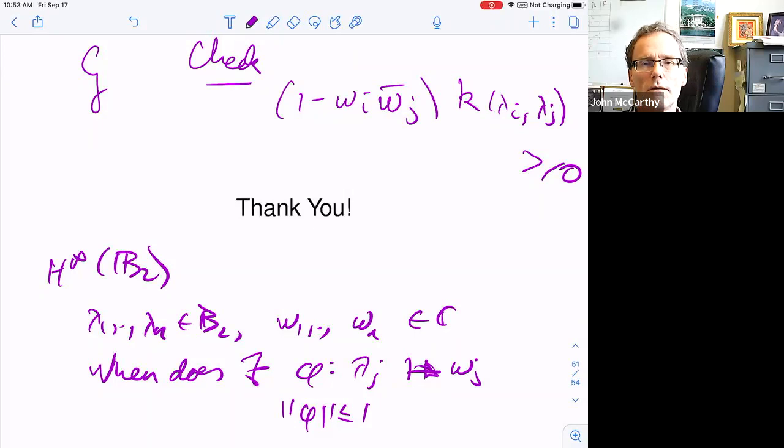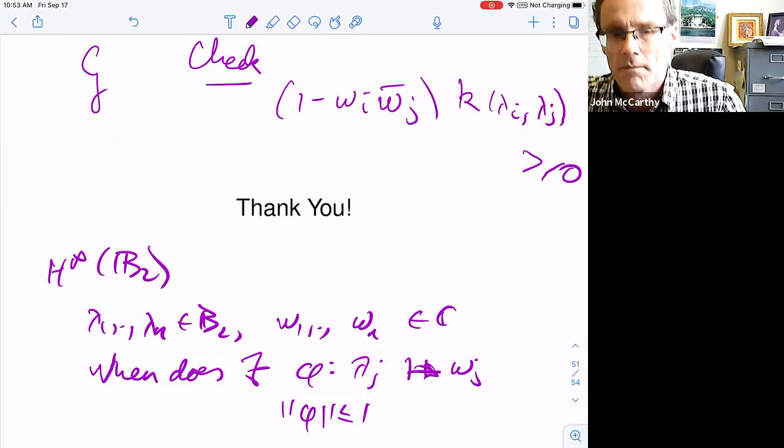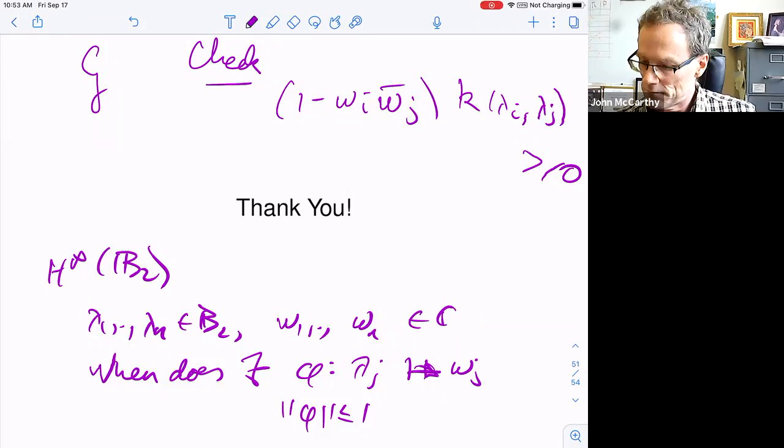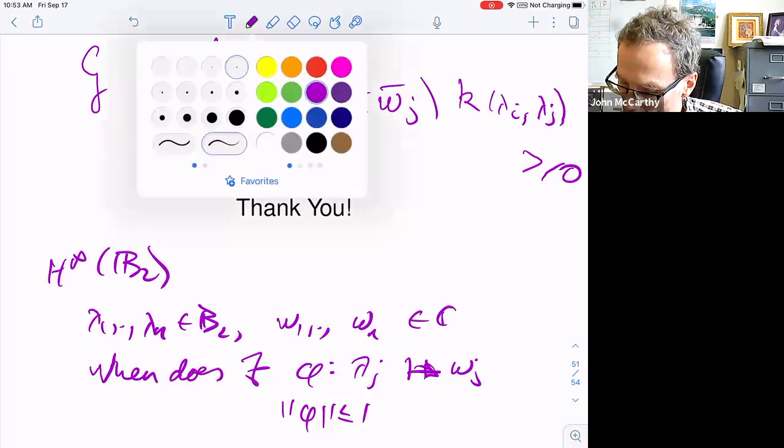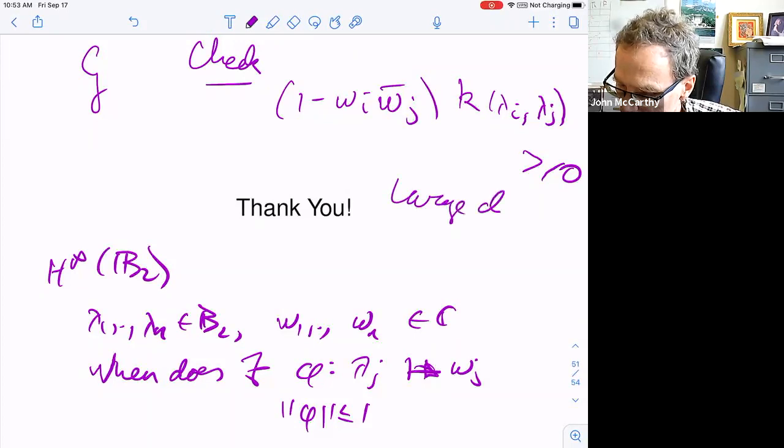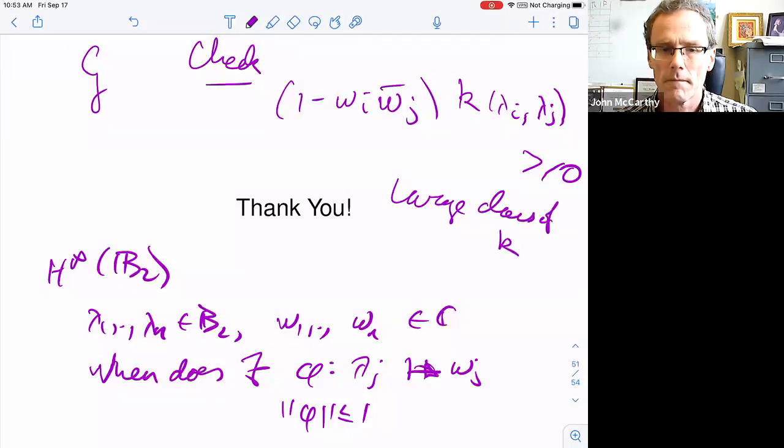So no, I would say there's no effective Pick theorem for the two ball. It's almost a tautology that if I make my set of kernels large enough, this can be a necessary and sufficient condition on any domain. But what's interesting in the disk and the bidisk is that you can cut down the set of kernels to something manageable.